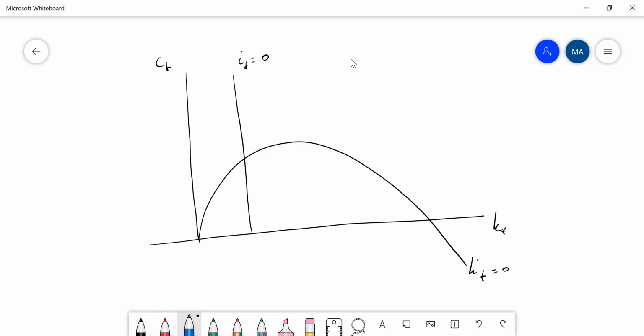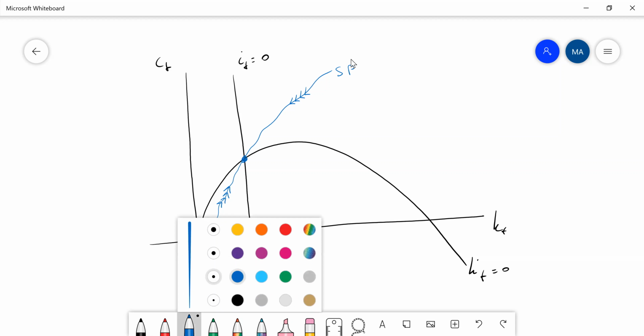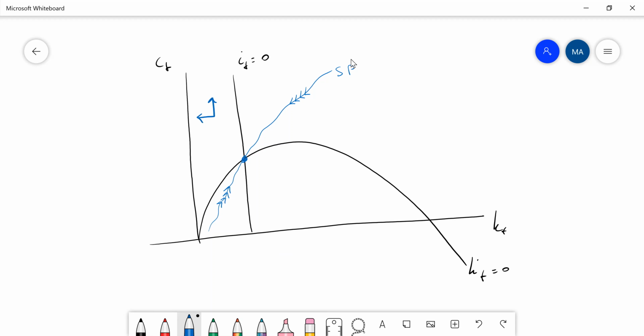And I told you that there is this saddle path. Once you arrive at the saddle path at some point, eventually you converge to that point. In these two regions, you behave in this way. In this region, you behave like that. In this region, your system moves like that.